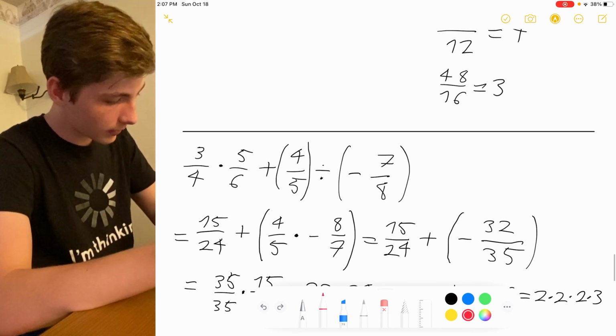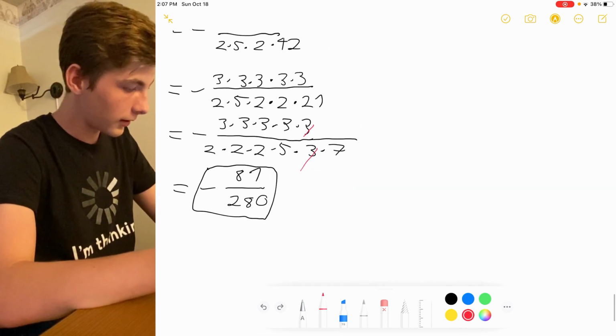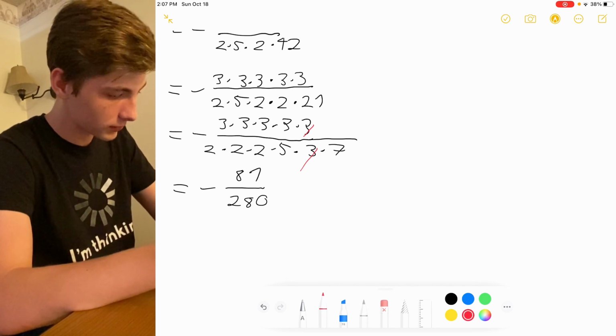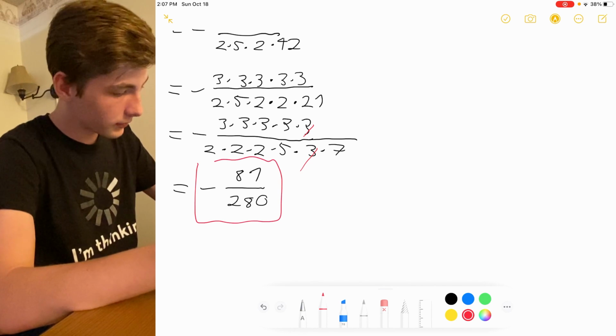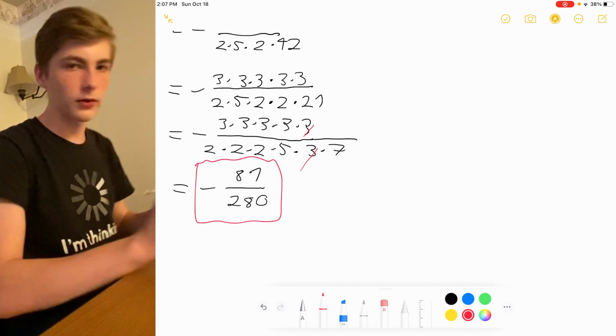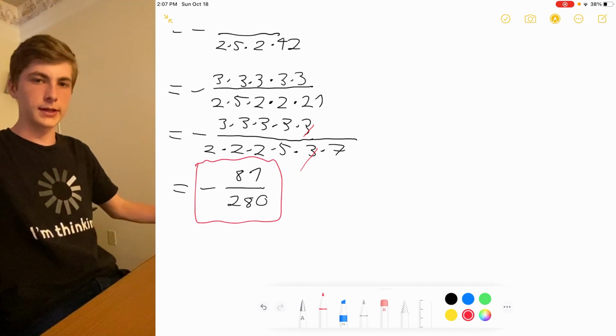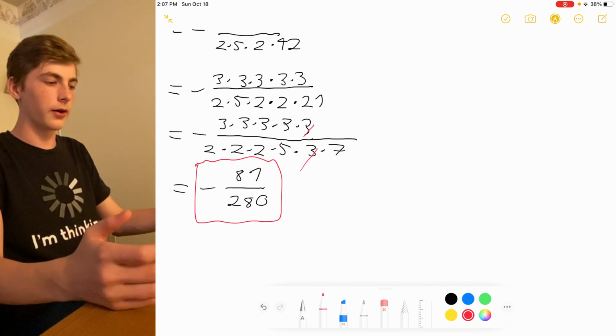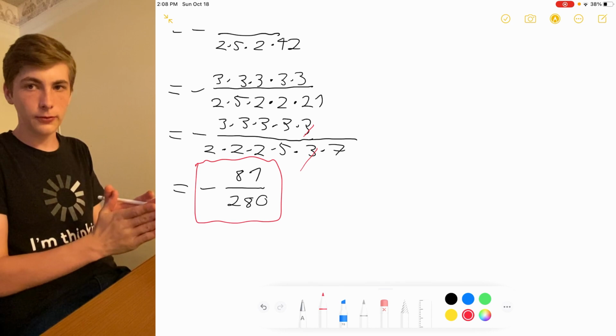So now that you have seen how we, actually let's do this in red because it's really just quite an accomplishment. Now that you've seen how this works in putting all this together, I hope that was helpful, and you'll feel confident working with fractions now.